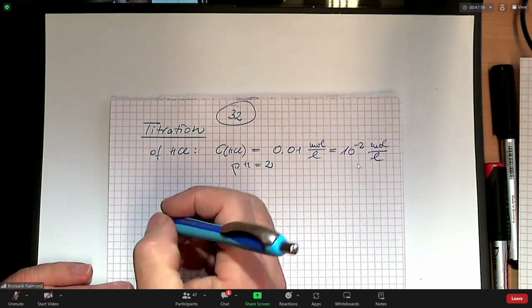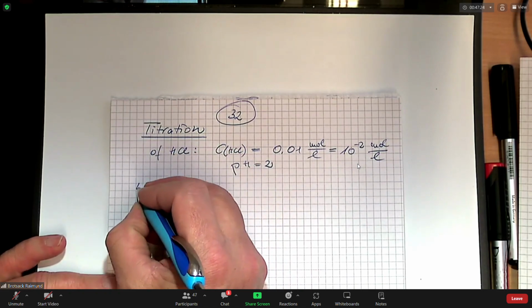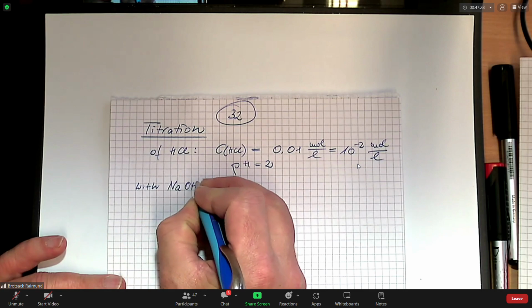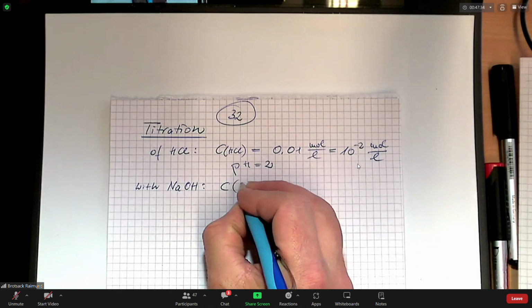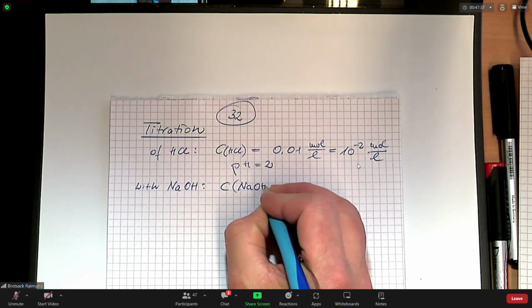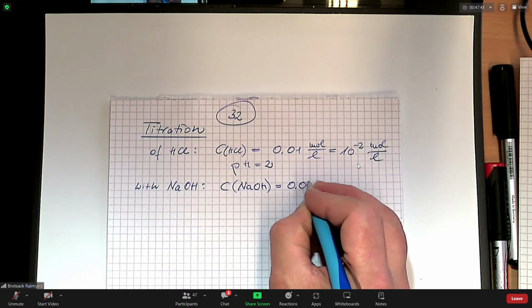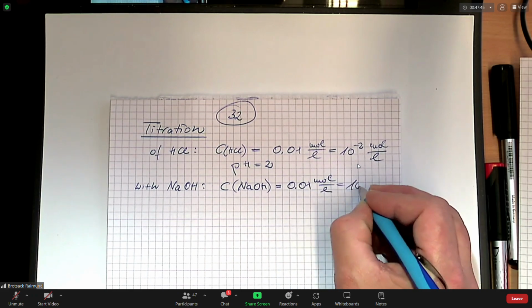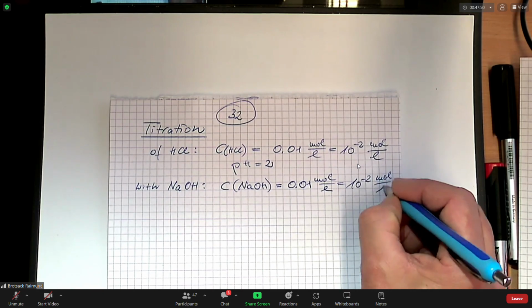And now we are titrating with a strong alkali, sodium hydroxide. And we use the same concentration of the sodium hydroxide, 0.01 mole per liter, which is similar to 10 to the power of -2 mole per liter.